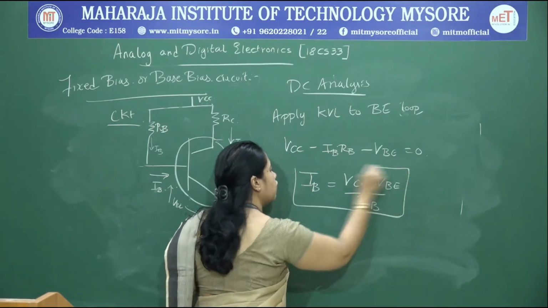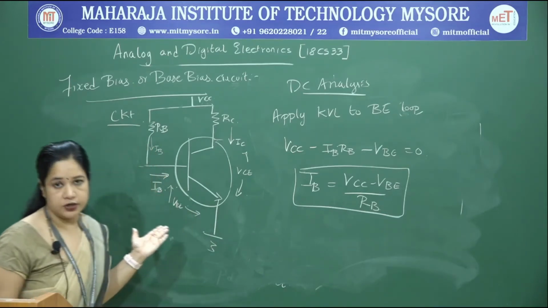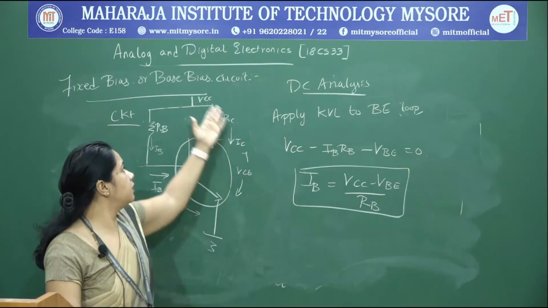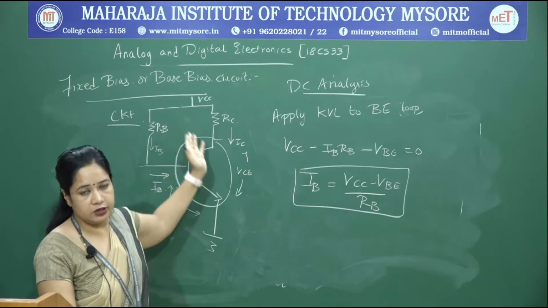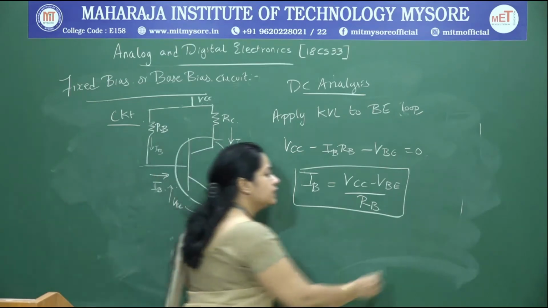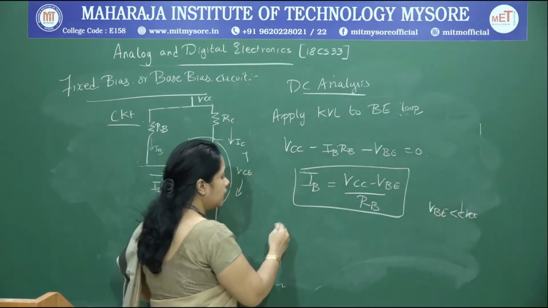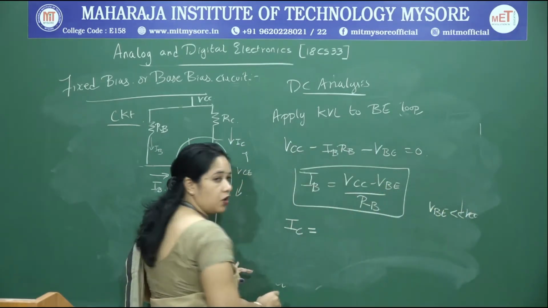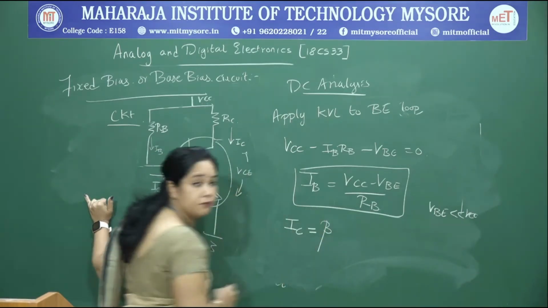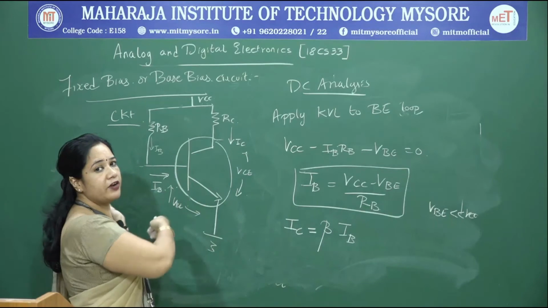So, this is the expression for the base current, and your cut-in voltage is 0.3 volts for germanium and 0.7 volts for silicon. It is very negligible when compared to VCC. VCC could be 15 volts, 18 volts or 20 volts, your bias voltage. So, we can ignore VBE, since VBE is very much less than VCC. Now, what is IC? Output current is always the current gain beta into the input current. Because it is an amplifier, the output current is an amplified version of the input current.